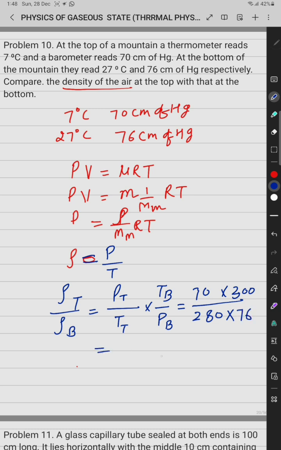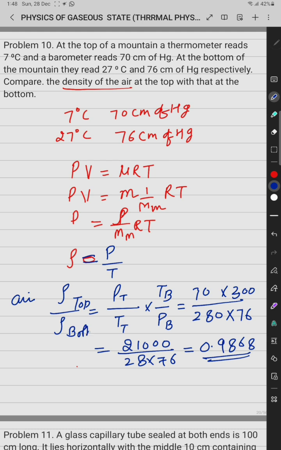So it is 21,000 divided by 280 into 76, which is equal to 0.9868. That is the ratio of the air density at the top of the mountain to the bottom of the mountain.